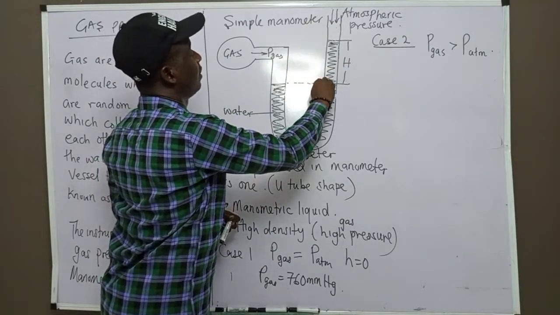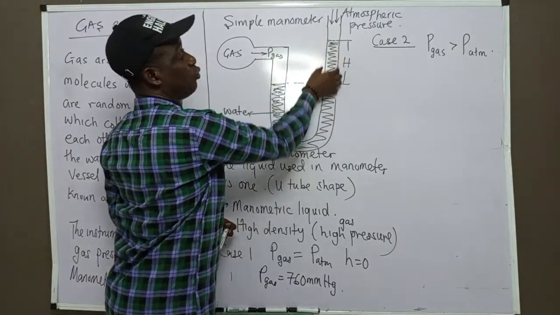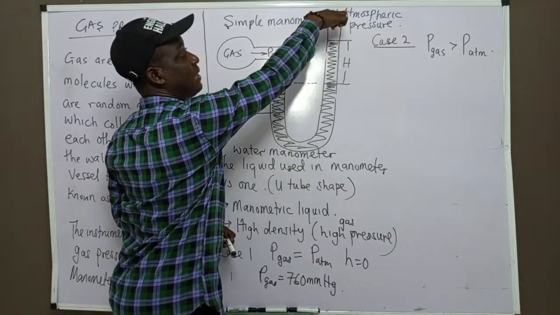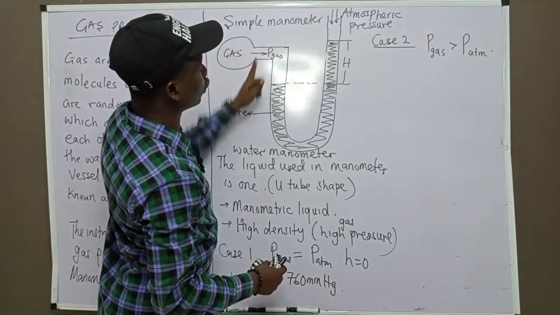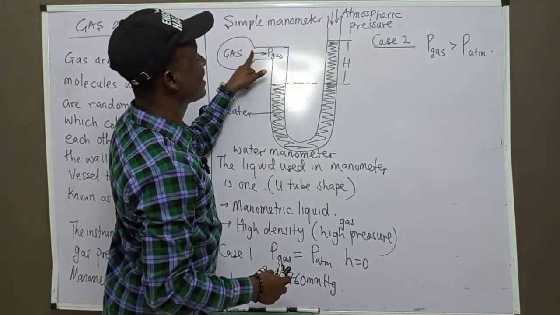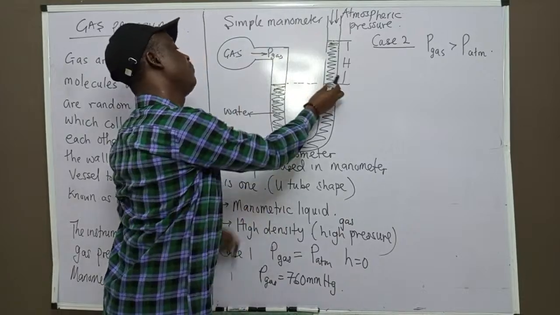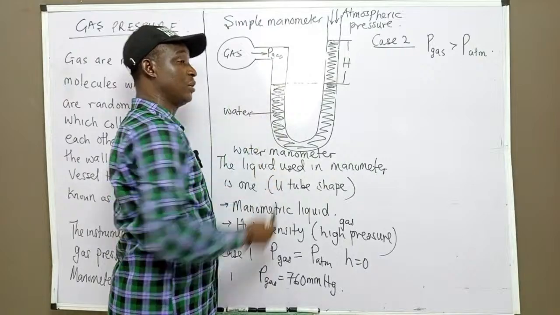Don't forget that because the pressure of this atmosphere is smaller, the height will have increased. That's why the gas pressure, as it supplies a pressure higher than the atmospheric pressure, pushes the liquid up above the level on the part of the gas.